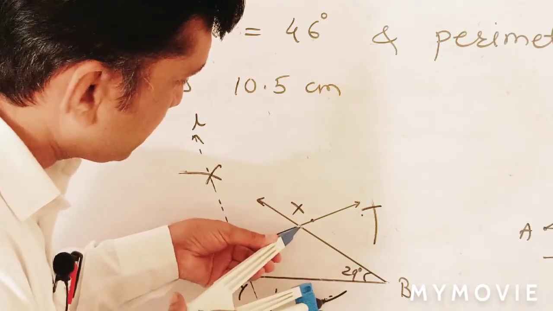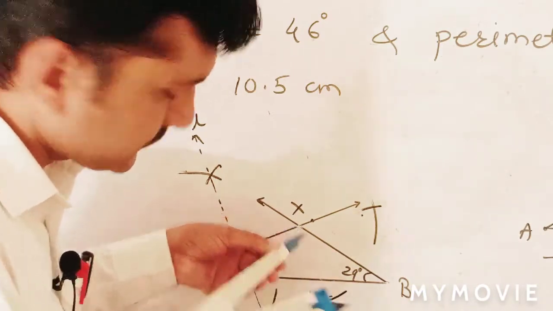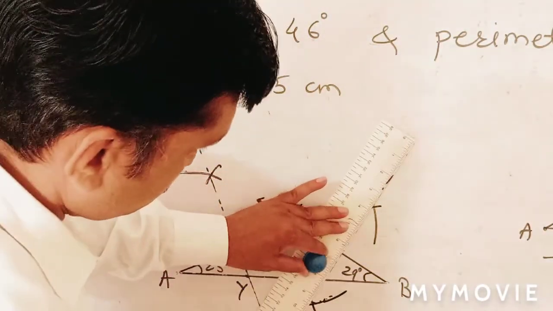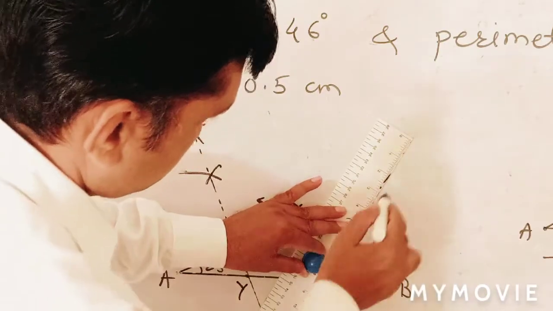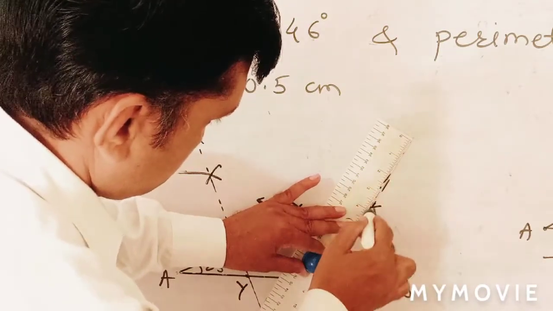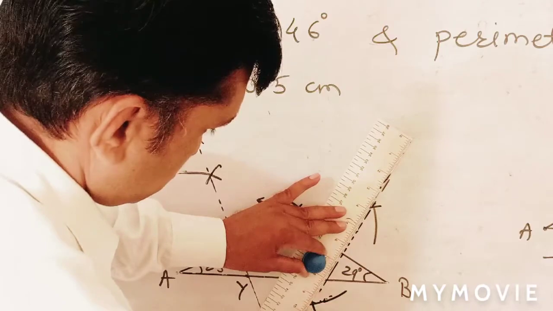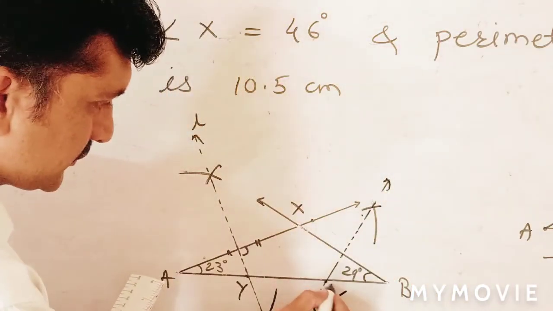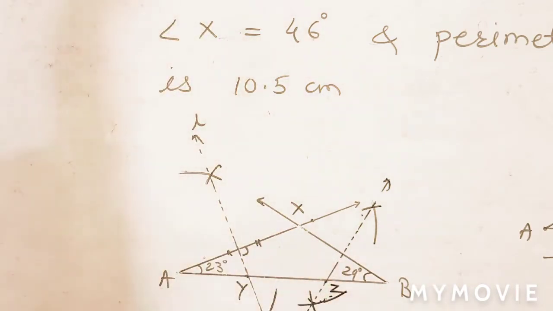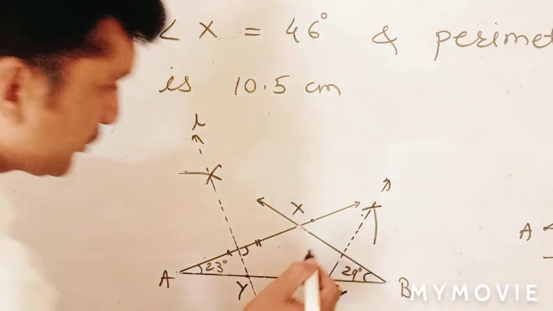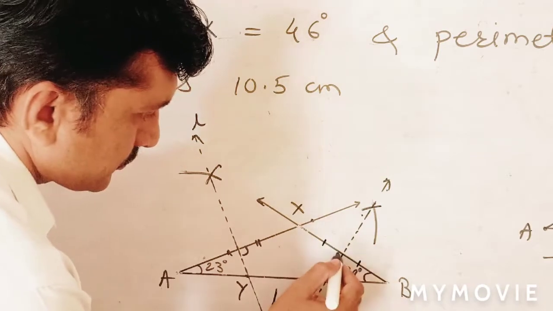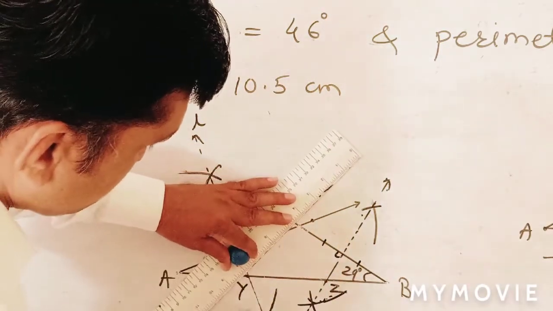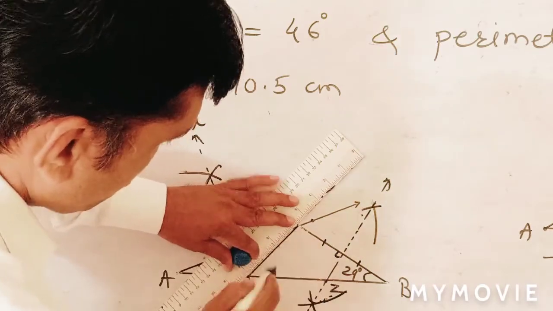Both are intersecting. Draw a line passing through. Here this is point Z. This is perpendicular bisector here, and now complete triangle XYZ.